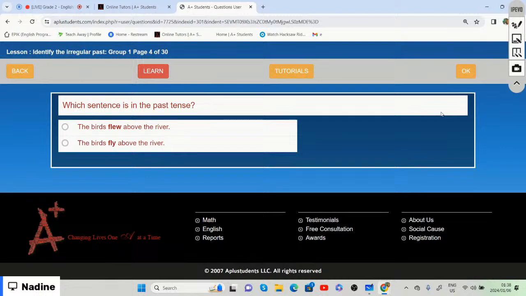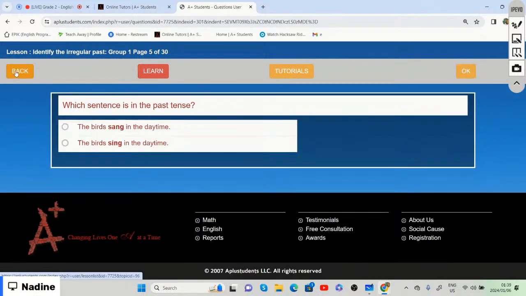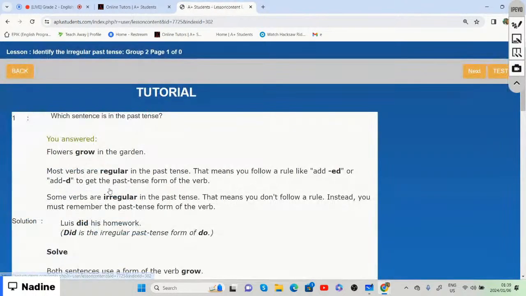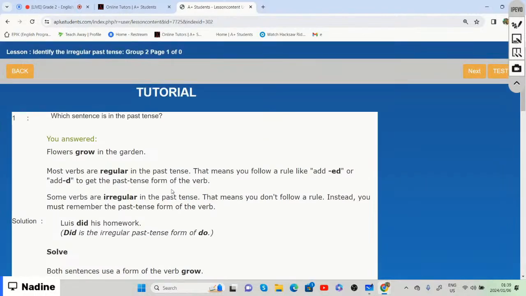So if we want to select the past tense, we can say the birds flew above the river, instead of fly. And this is basically just like a continuation of identifying the irregular past tense.